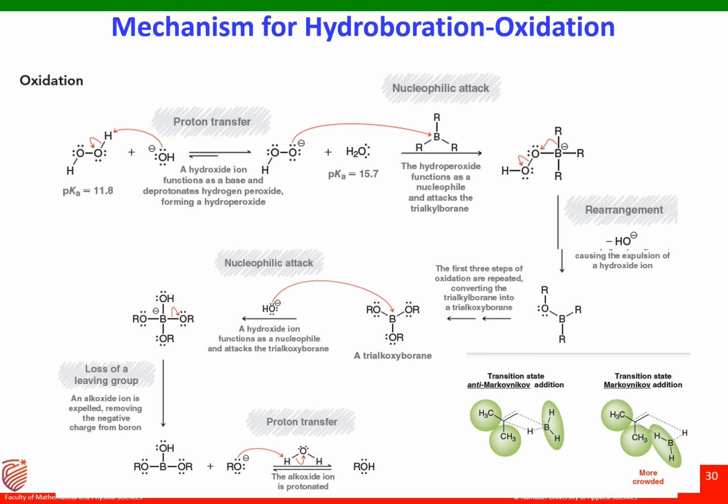The alkoxide ion is nucleophilic in nature and will drag one of the protons from the water molecule, leading to the formation of a stable molecule, alcohol. So this is the overall mechanism of the reaction, right?